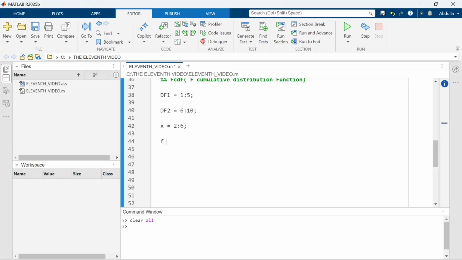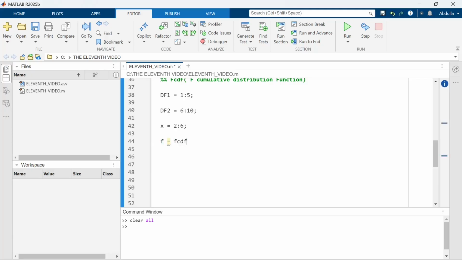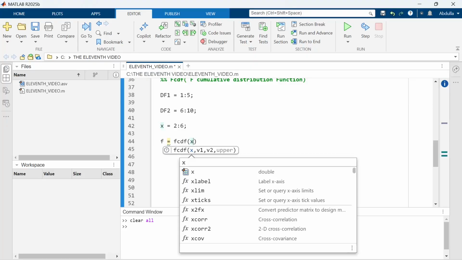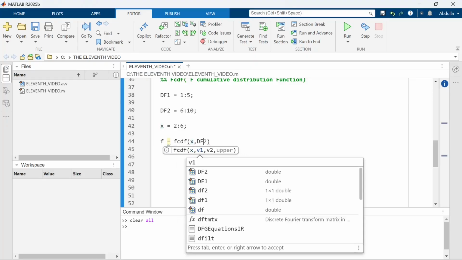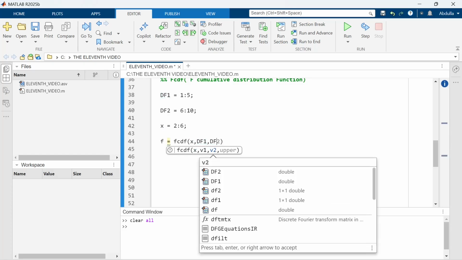Okay, let's now plot them: fcdf of the x values, then degrees of freedom 1, degrees of freedom 2.